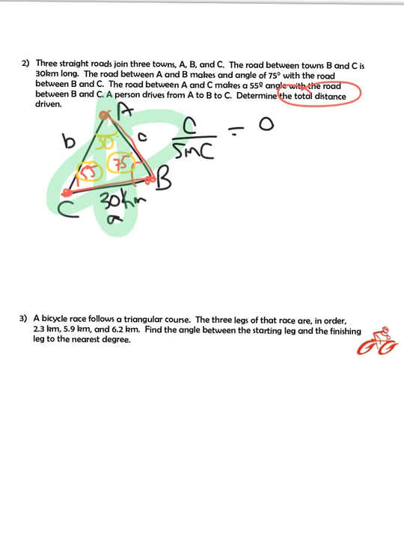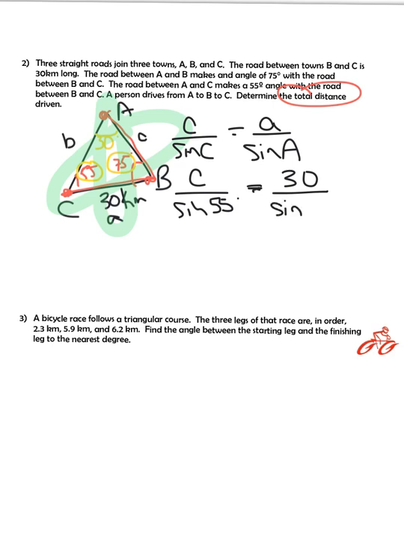And I have A. So when I plug in what I know, angle C is 55. I know side A is going to be the 30. And I know that angle A is going to be the 50 at the top. So side C will be 30 times the sine of 55 over sine 50.